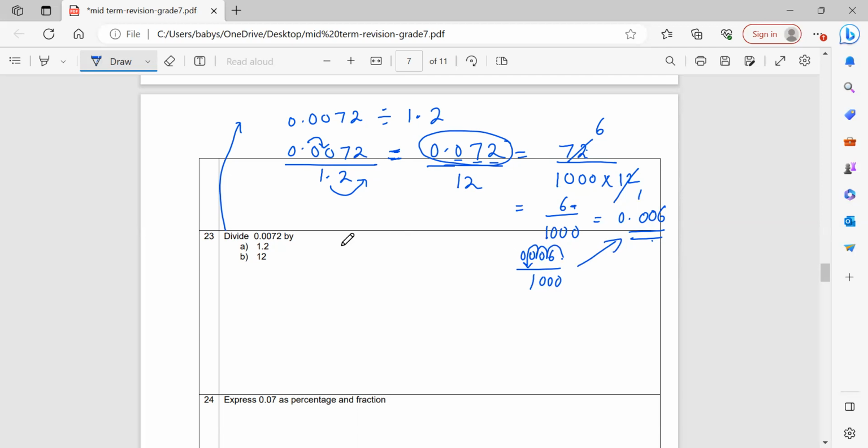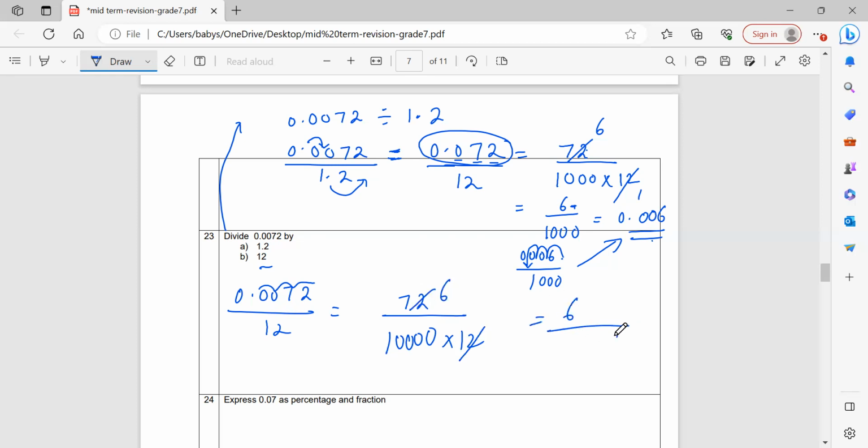Okay. The same thing now, we have already 12 in the denominator, 0.0072 divided by 12. So I can write it as 72 divided by, now there are 4 decimal places, right? So it is 1, 2, 3, 4 into 12. So it will be 12 ones are 12, 12 6s are 72, which is 6 by 1, 2, 3, 4, 6 by 10,000.